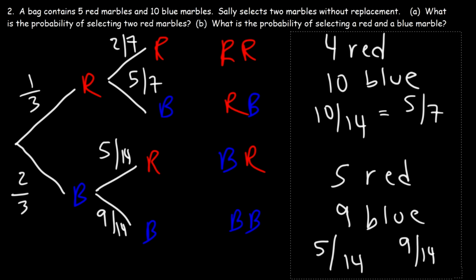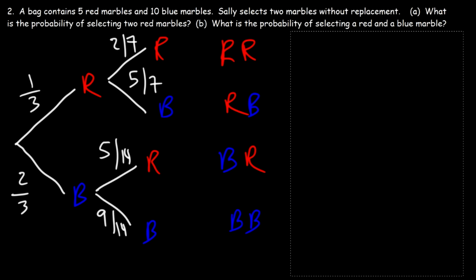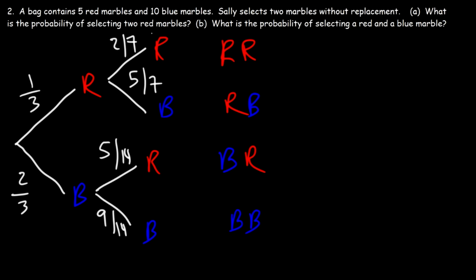So now we can answer the questions. Part A. What is the probability of selecting 2 red marbles? So the probability of getting a red marble on the first try is 1/3. And then the probability of getting another red marble on the second try is 2/7.